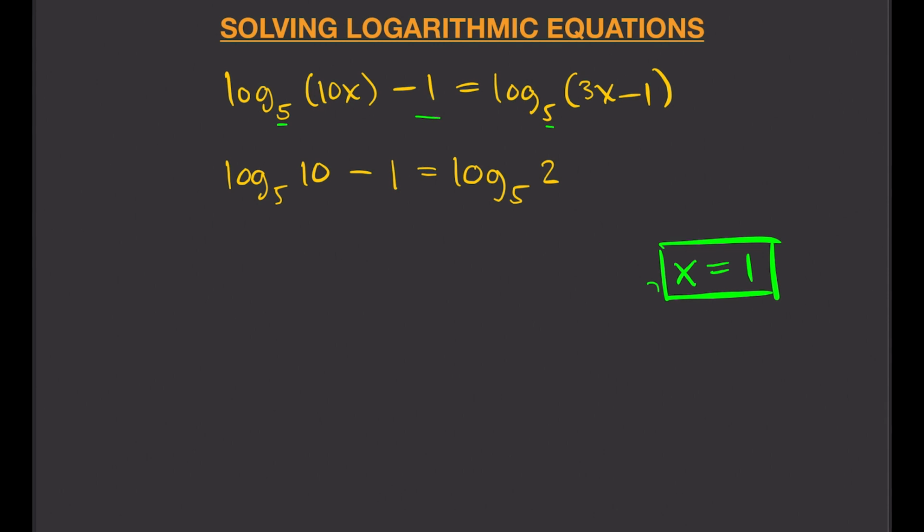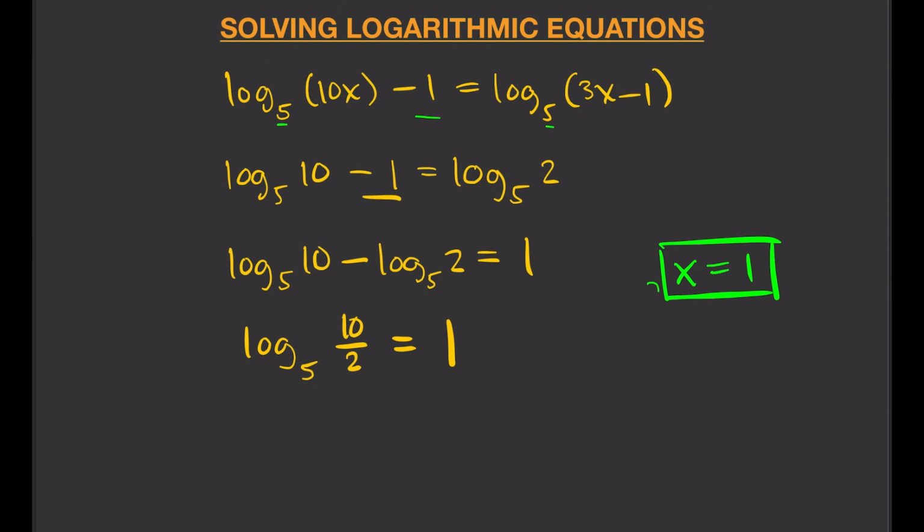So I'm going to write log of 10 base 5 minus log of 2 base 5 equals, putting that on the right side, 1. Again, this is a subtraction, so I can condense that into log of 10 divided by 2 base 5 equals 1. This gives me log base 5 of 5 equals 1, which is a true statement. And so therefore x equals 1 is indeed a solution.